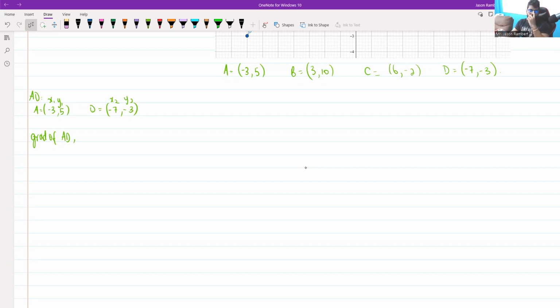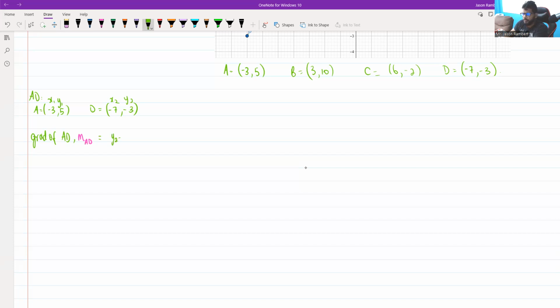Gradient is symbolized by a lowercase m. Since there will be questions where we have to calculate the gradient of more than one line, I like to specify which gradient I'm talking about by putting the name of the line as a subscript. So m subscript AD will be the gradient of AD. That's just the symbol we will use.